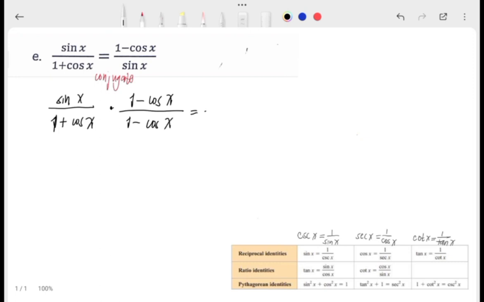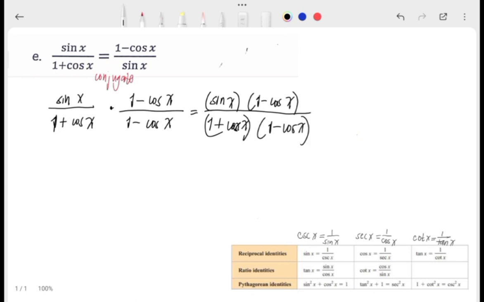After multiplying, it will result in quantity of sine x times quantity of 1 minus cosine x over quantity of 1 plus cosine x multiplied by 1 minus cosine x.